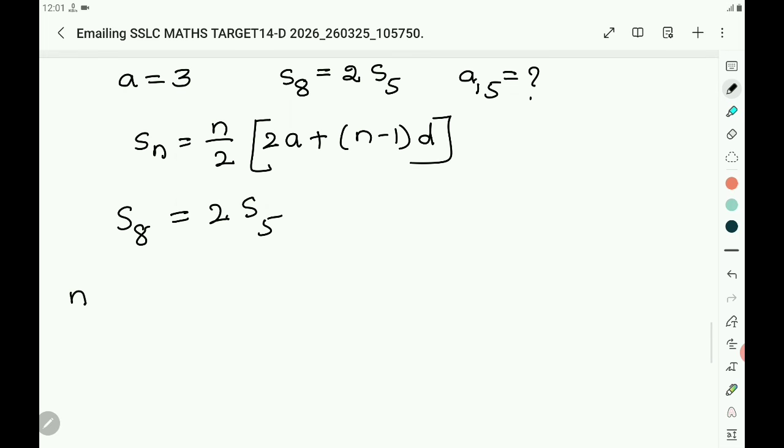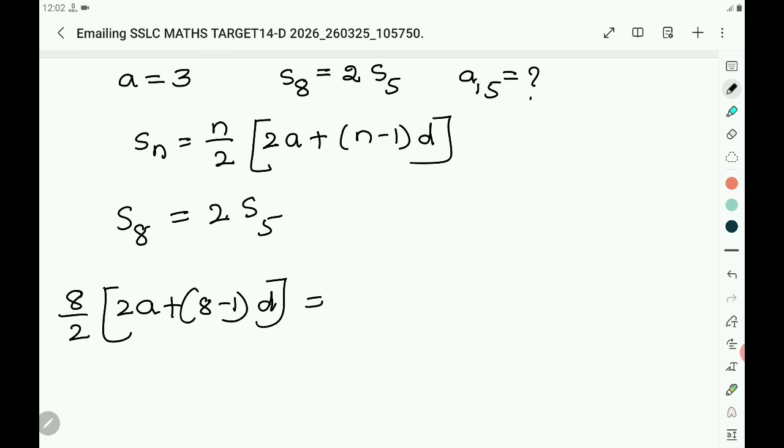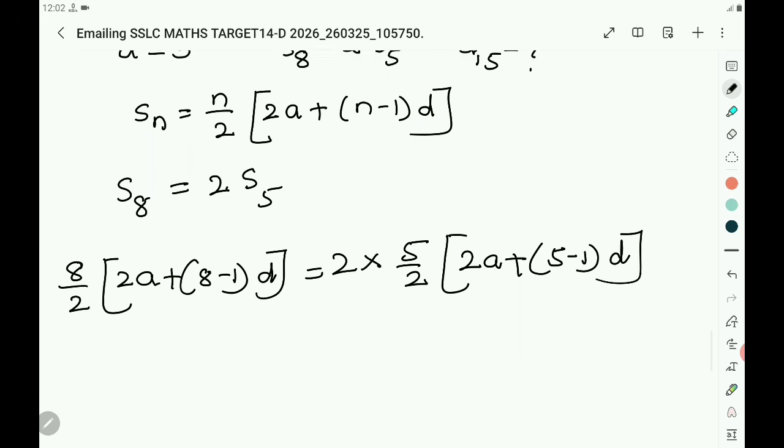S8 is 8 by 2 into 2a plus 8 minus 1 into d, equals 2 into S5, which is 2 into 5 by 2 into 2a plus 5 minus 1 into d.